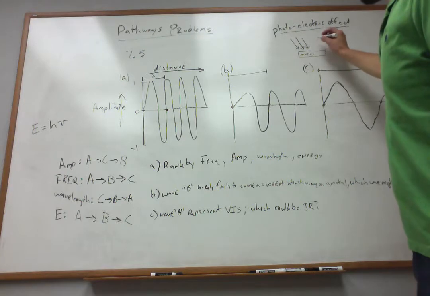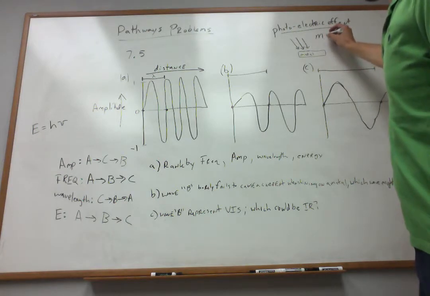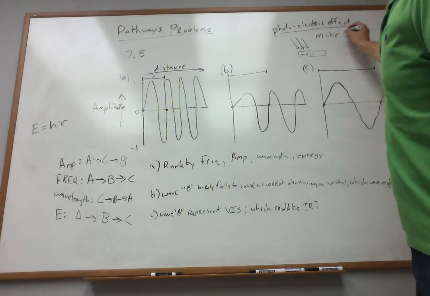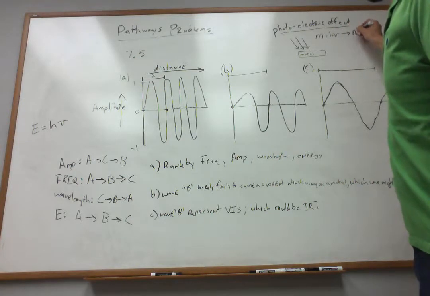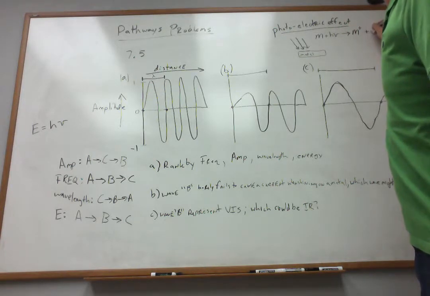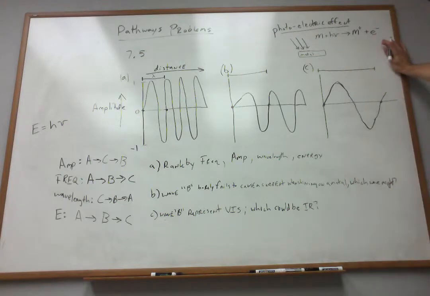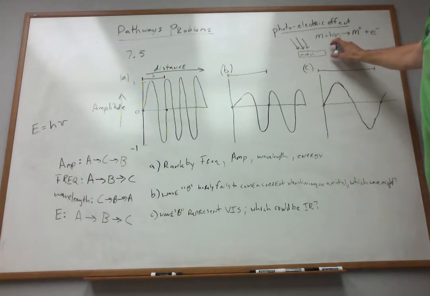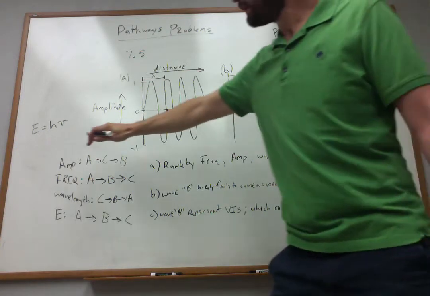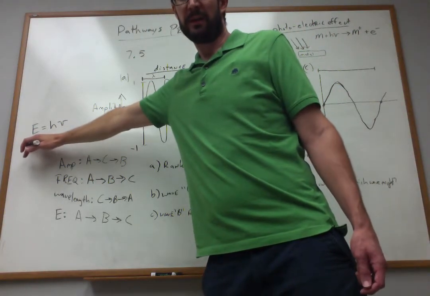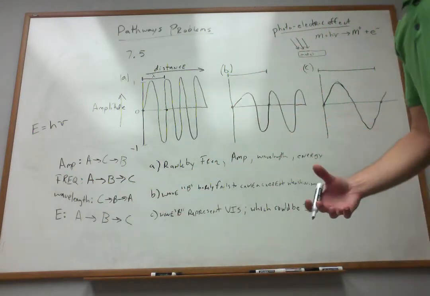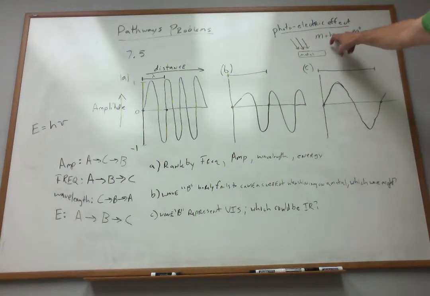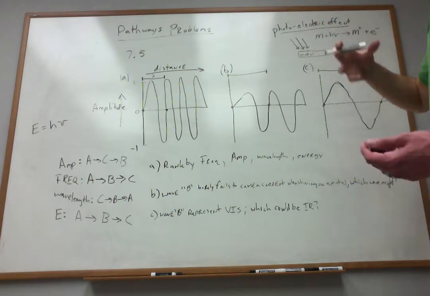sometimes what happens, and we'll describe what we mean by sometimes in a second, okay? Sometimes we get this type of reaction to occur. Now this is just a generic reaction where the metal combines or interacts with the light. I have h nu here, the same h nu as here, because that's the energy from a photon. Light can carry energy, so this is really a packet of energy that our metal absorbs.